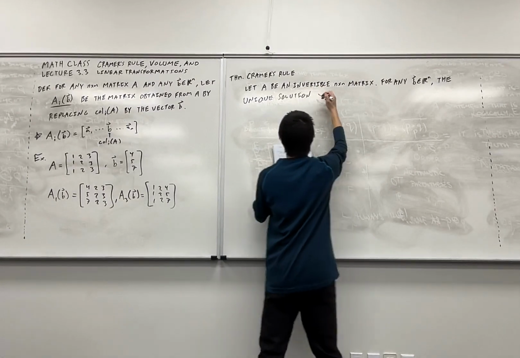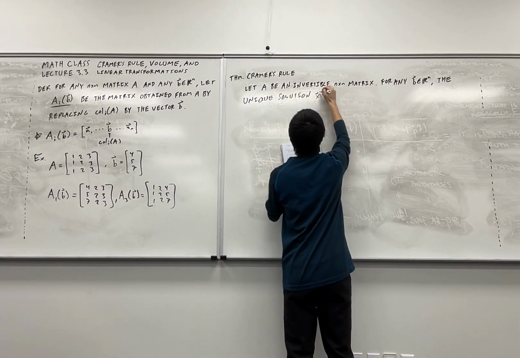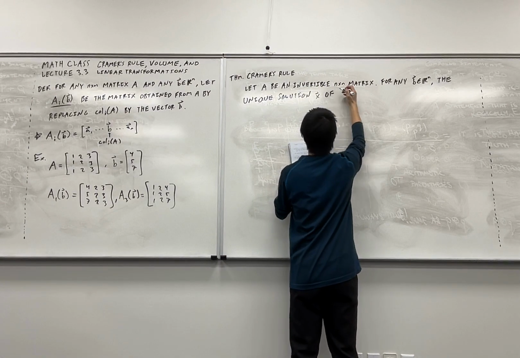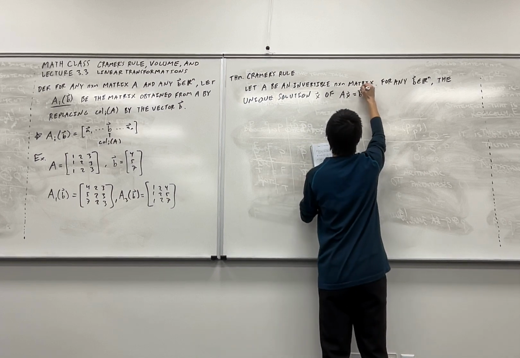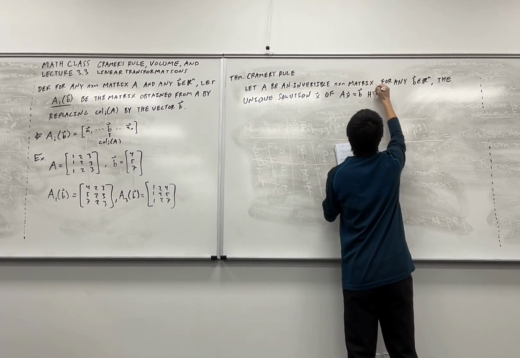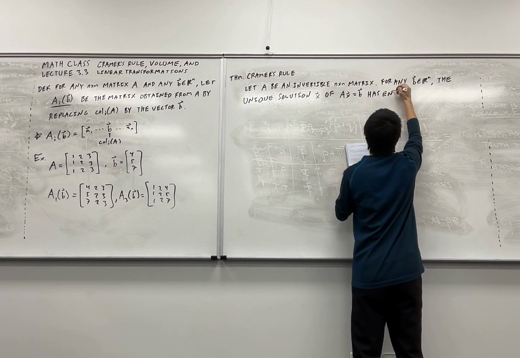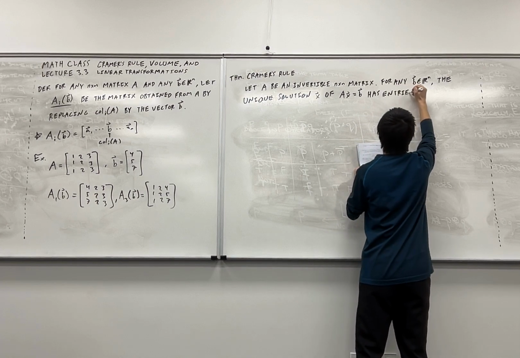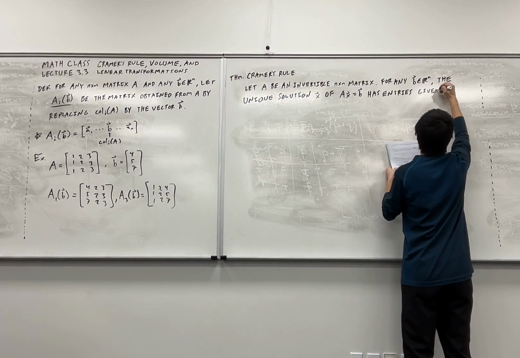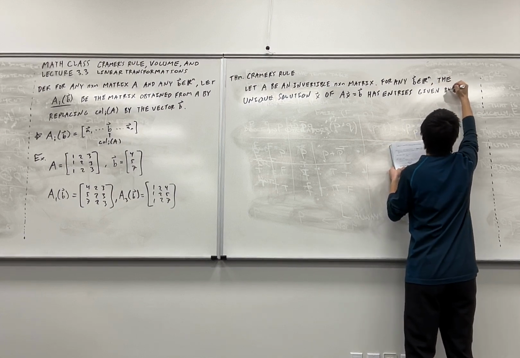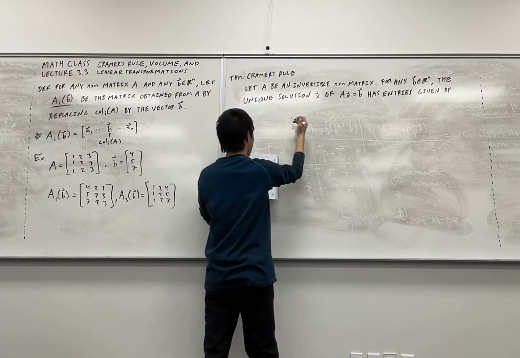Well, by the invertible matrix theorem, this matrix equation AX equals B has entries given by, and then we have a formula.